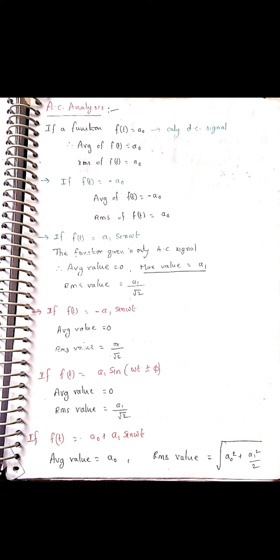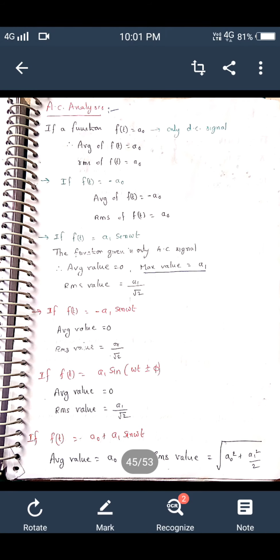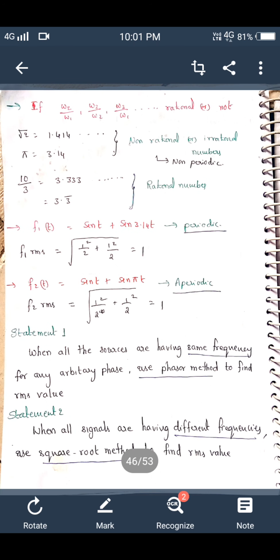One signal frequency is 0, another signal frequency is omega. Whenever two signals have different frequencies, to calculate the RMS value we have to use the square root method: square root of A0 square plus A1 by root 2 whole square. Why? Because their RMS value is A1 by root 2. To understand this problem, some statements are given here.